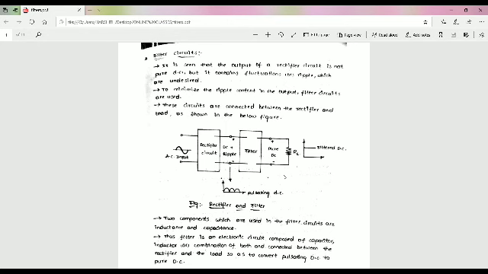Hence, in a filter circuit, the inductance is always connected in series with the load. The inductances used in filter circuits are also known as chokes.